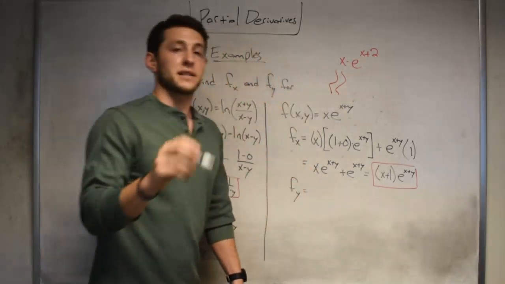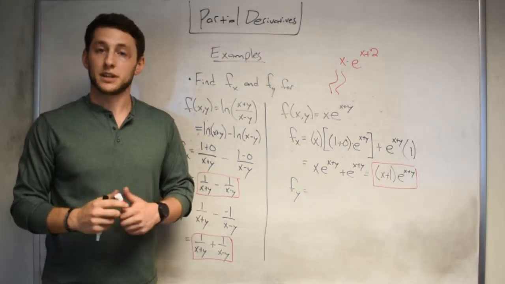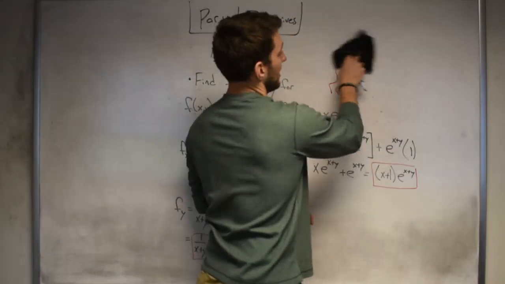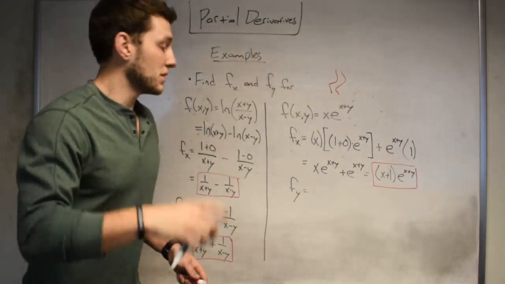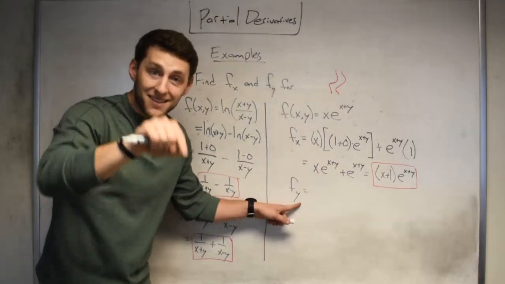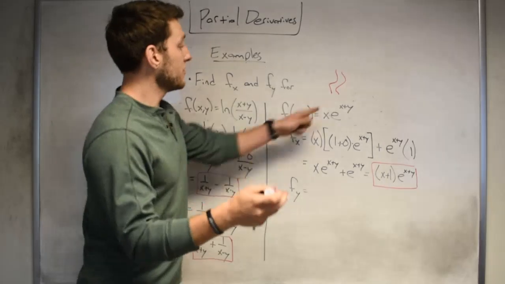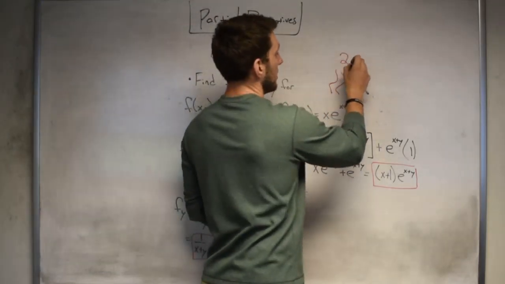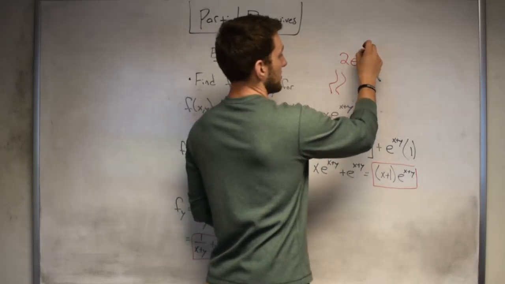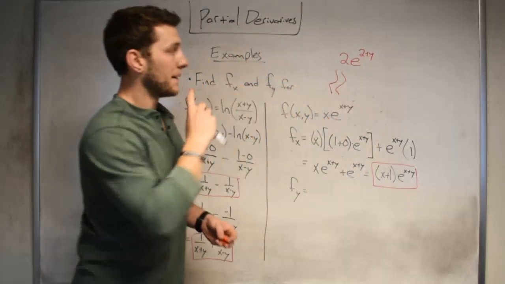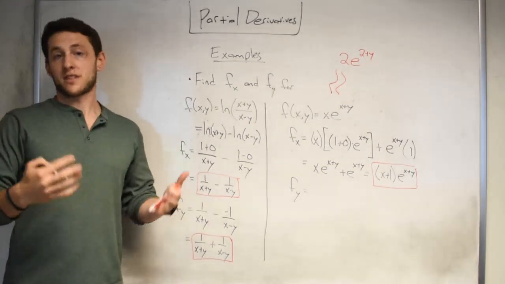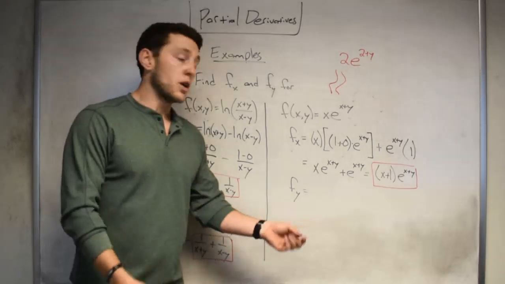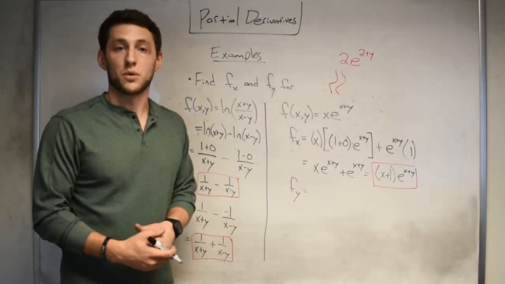When I derive with respect to y, however, this becomes a different game. Instead now of viewing this function as something similar to this, when I derive with respect to y, I'm treating x like a constant. I view this function, since x is now a constant in my head, as no different than 2 times e to the 2 plus y. The x just becomes a constant for us in our eyes. So therefore, you don't necessarily need a product rule for this anymore.